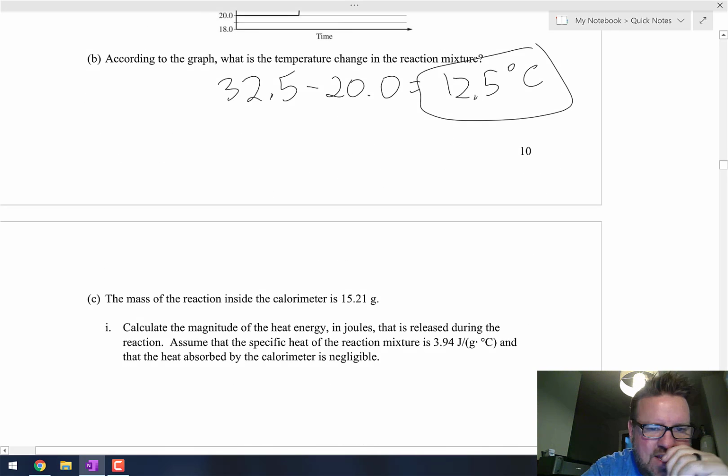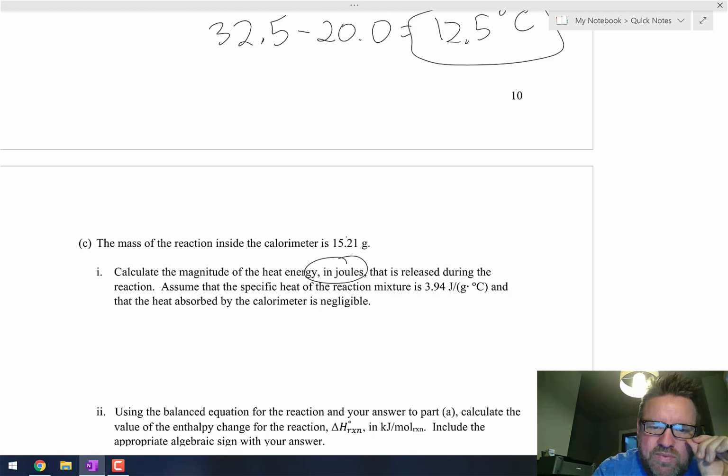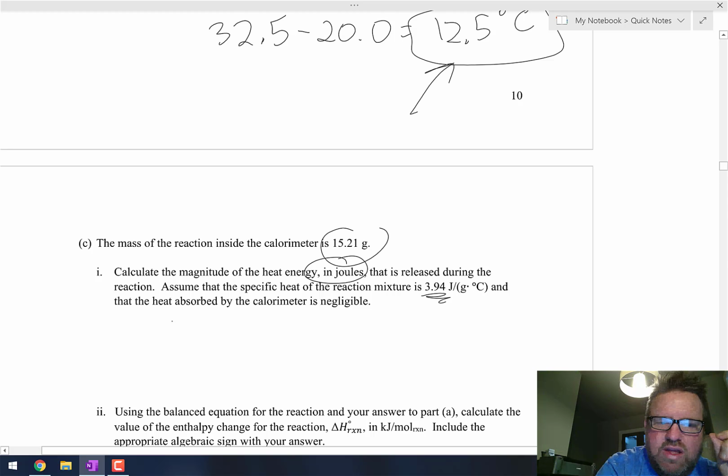Okay, and then C: the mass of the reaction inside the calorimeter is 15.21 grams. Calculate the magnitude of the heat energy in joules. Whenever they just say joules, remember that's Q, not delta H. That's the Q value. They give us the specific heat, they give us the mass, and we just calculated the temperature change.